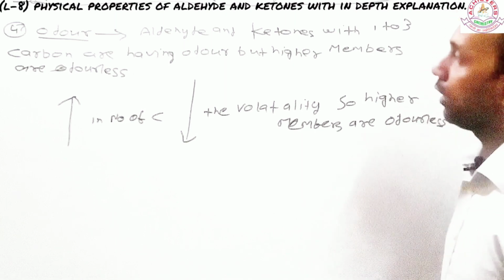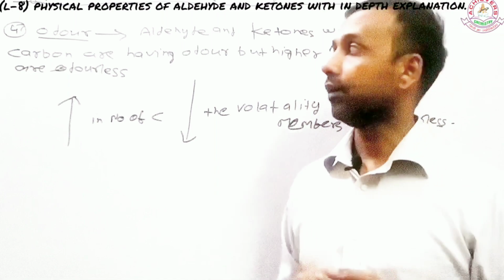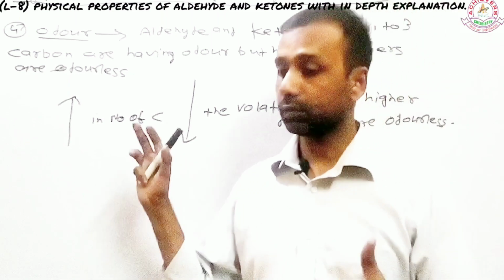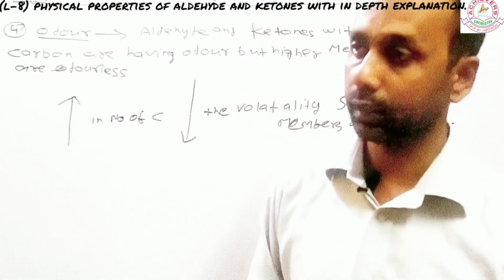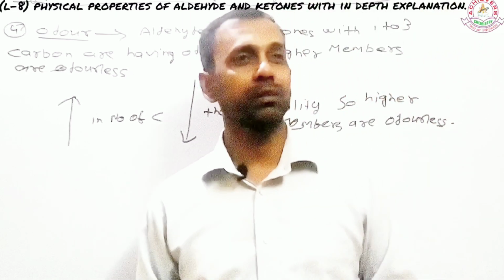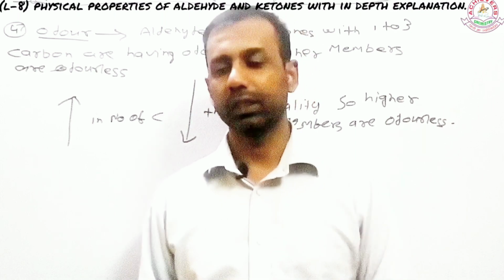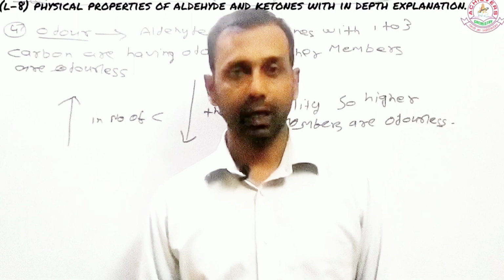Right? So these are the four topics I have mentioned, and I have explained every bit of that. The aldehyde and ketones with a small number of carbon have odor, so they are used in making many fragrance-giving materials.